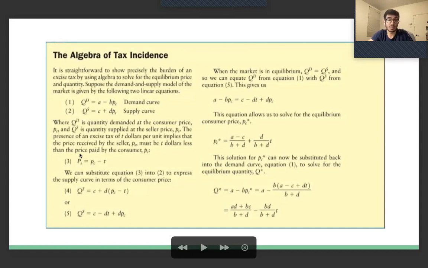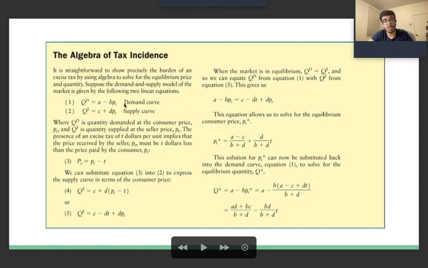And now you can substitute this into these two equations here. Instead of PS, you input PC minus T. So now you have two equations that you need to equate, and they are in terms of PC.